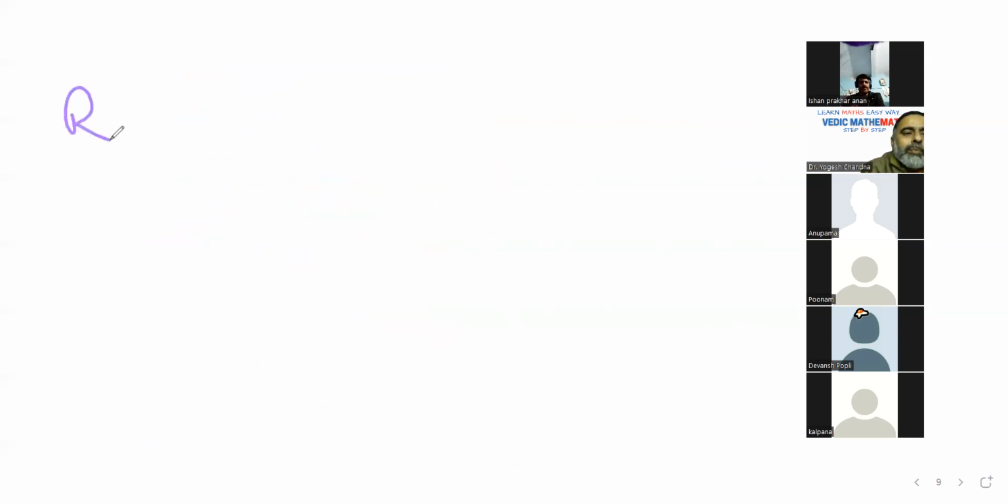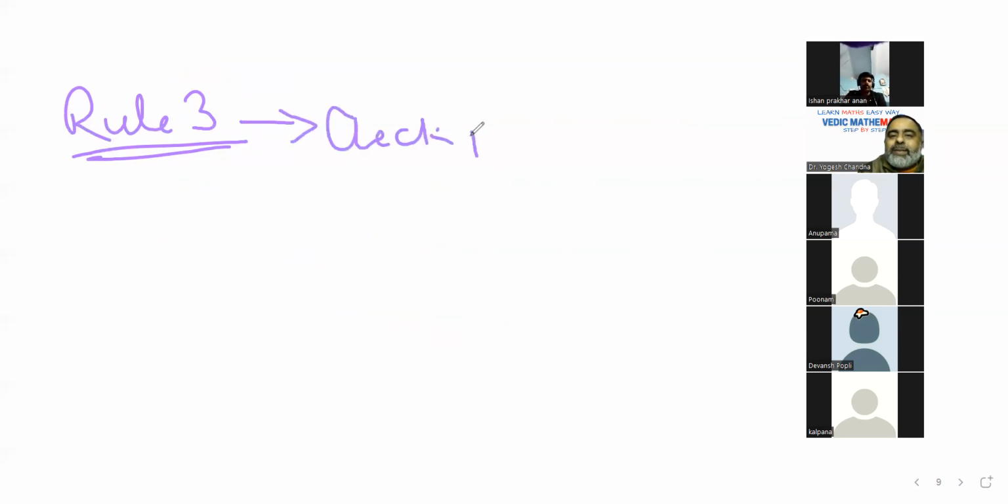Rule number 3. But this will not be like, first we applied rule number 1, then we applied either 2A or 2B. Don't think that this will be applied after that. No, basically this is your checkpoint. You have to apply this before rule number 1.